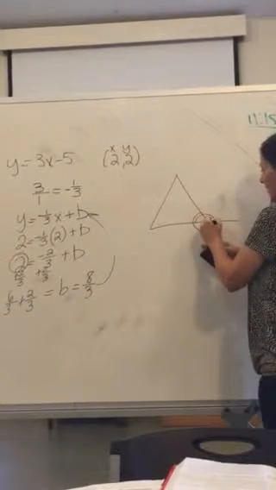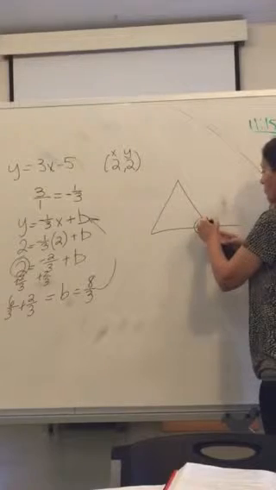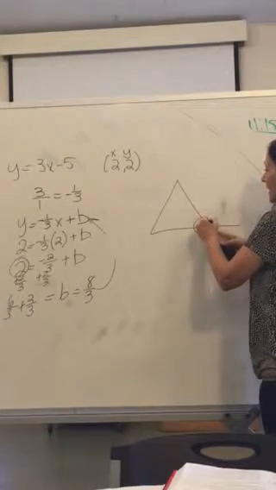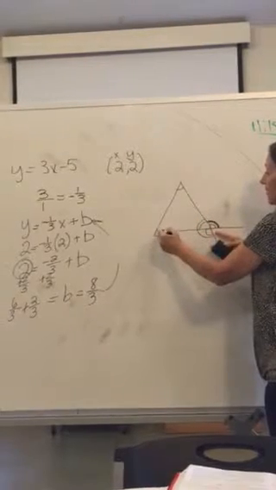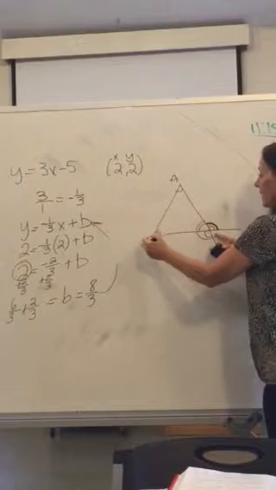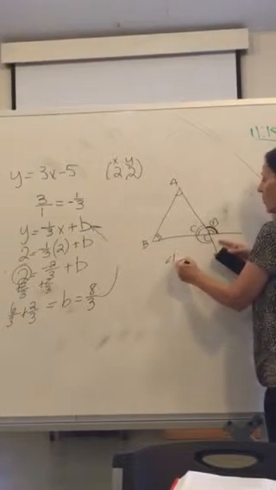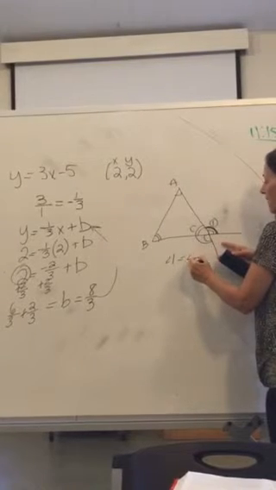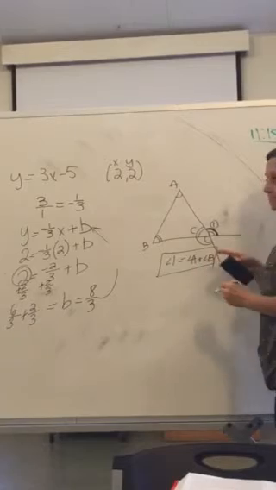This one and this one. This is not an external angle. Remember that? Okay, so do you remember external angles equals the sum of the remote interior angles. So if this were A, B, C, and I labeled that angle 1, I could say that angle 1 equals the sum of angle A plus angle B. Okay?